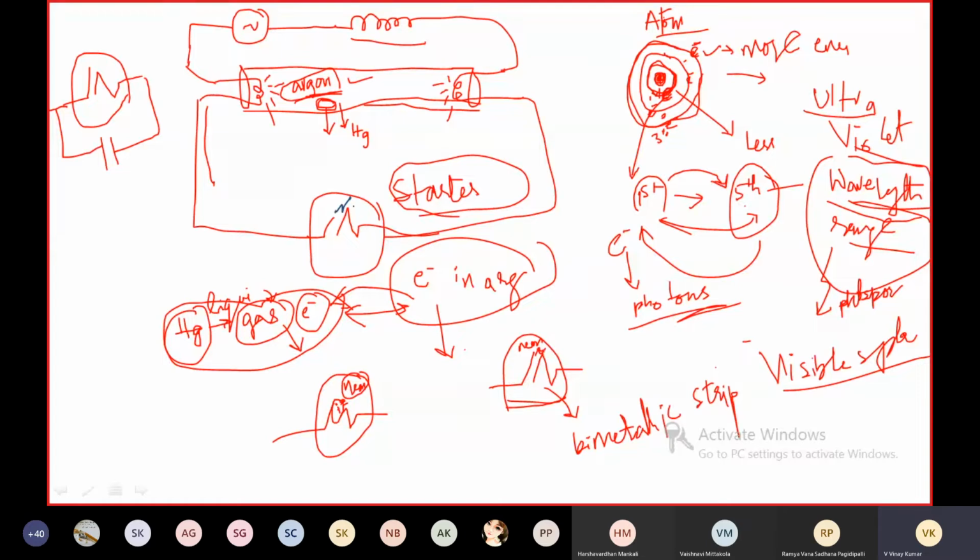That heat is used to ionize the gas present inside the neon lamp. So because of this heat, this neon bulb glows.